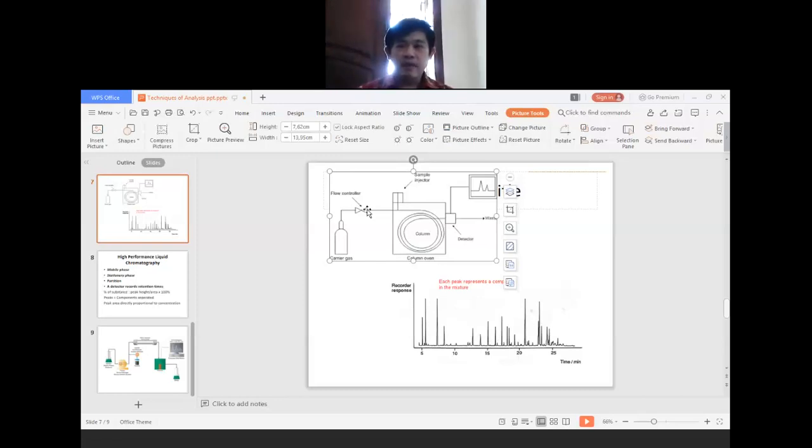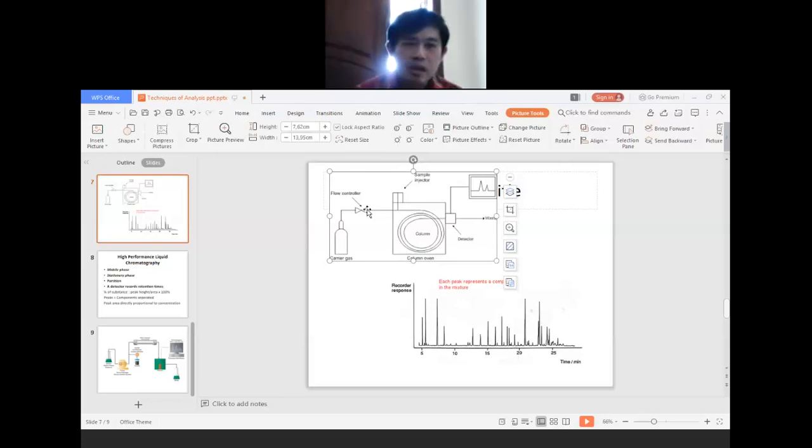It depends on what we want to analyze. As we know, some components exist in substance A, but we want to know how many percent is the component.